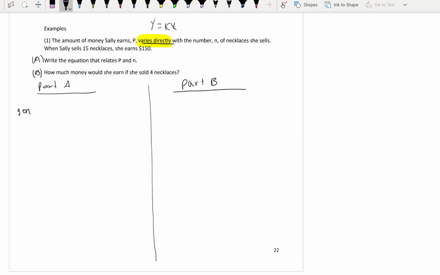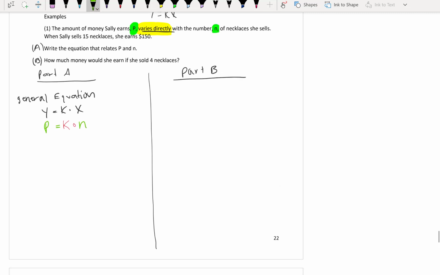So I want the general equation. Usually it's that y is equal to k times my x, but here they give us different variables. Instead, the variables are P, so P is equal to k, which is the only thing that's always going to be fixed, times N, where N is the number of necklaces she sells.